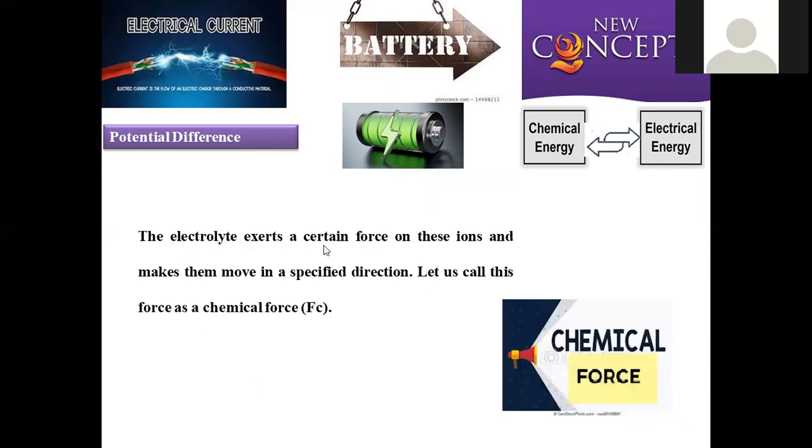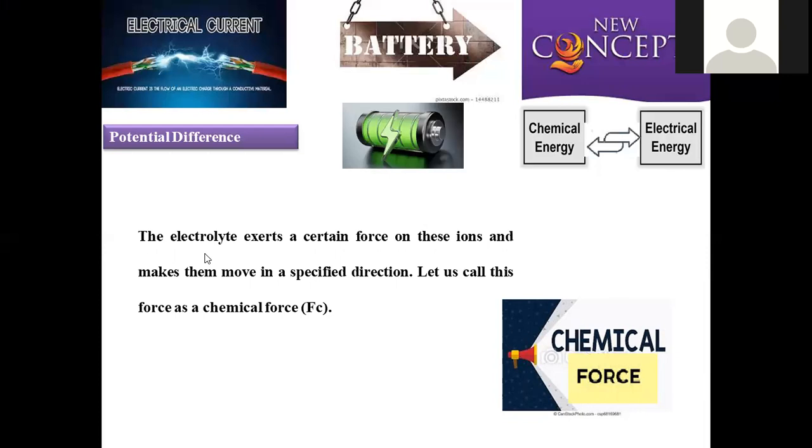Now, the electrolyte exerts a certain force on these ions and makes them move in the specified direction. Let us call this force a chemical force. Here, the definition of the chemical force is given. This is the chemical force exerted by the electrolytic solution. That electrolytic solution will drive the ions to move in the specified direction.